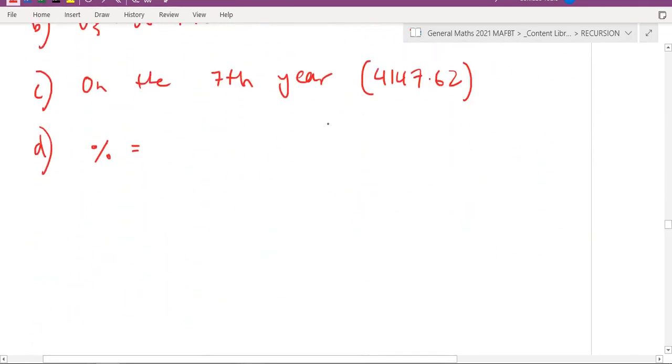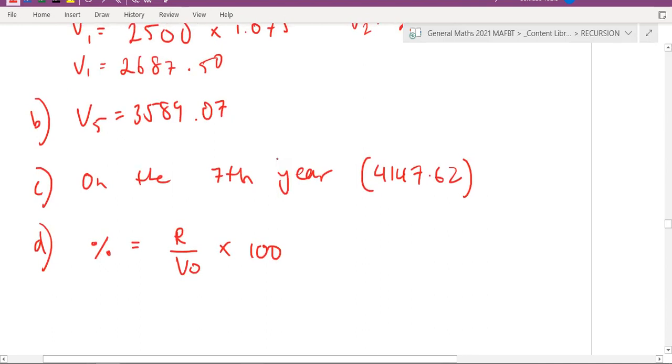To get that, I think you divide the rate by V0 and then times 100. Was it the other way around? The original one was R equals percentage over 100 times V0, but this time we're trying to find the percentage.